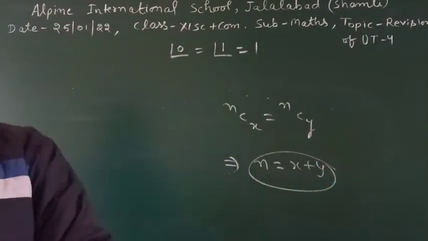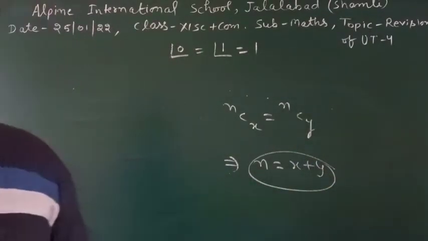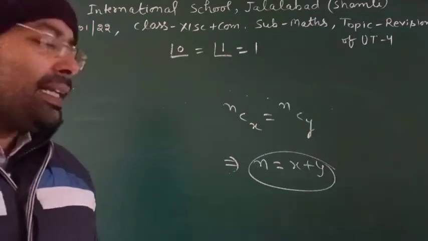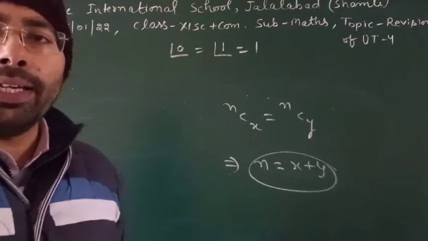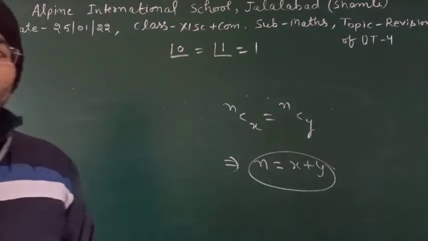If we have nCx equal to nCy, then n will be equal to the sum of x and y, means n is equal to x plus y.